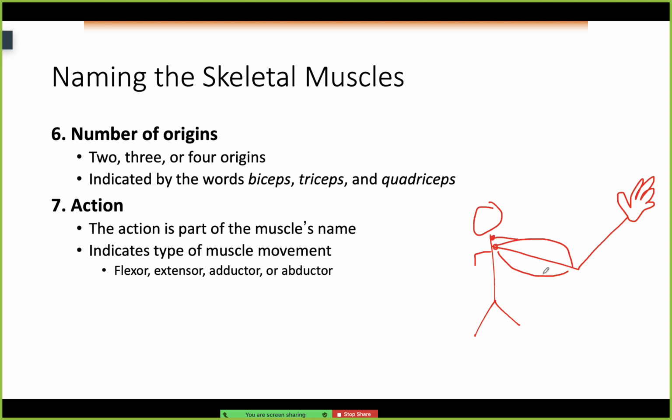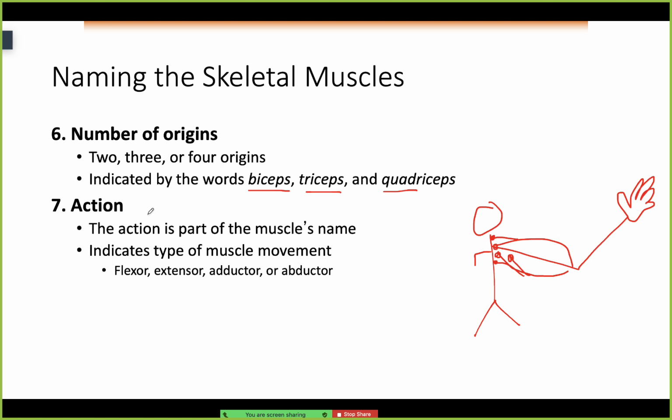And the tricep has 3. So let's just draw 1, 2, and we'll do one more, 3. So the names of muscles, if you see bi, tri, your quad muscles, which are on your femoral region, quadriceps have 4 origin sites. Those bi, tri, and quad indicate how many origins there are.